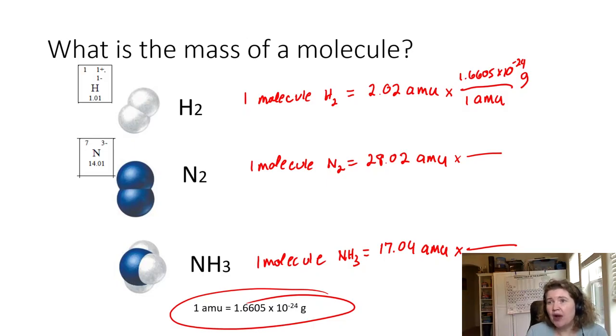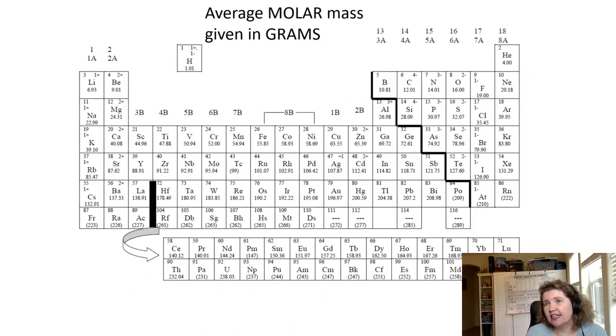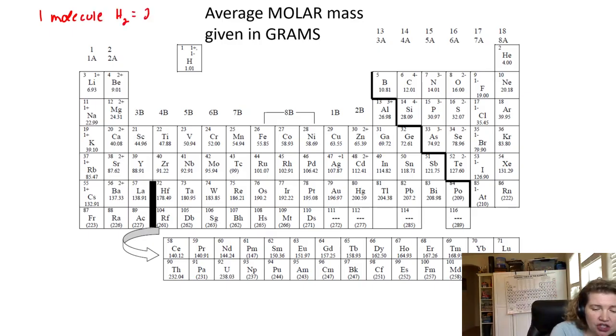So what we're going to do next is scale everything up to mole quantities. So another way that I could look at this is that 1 molecule of H2 is equal to 2.02 AMUs.